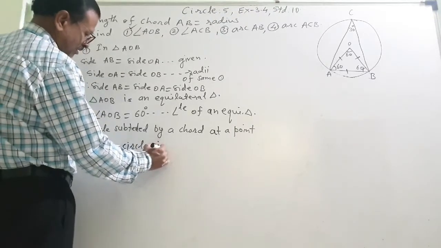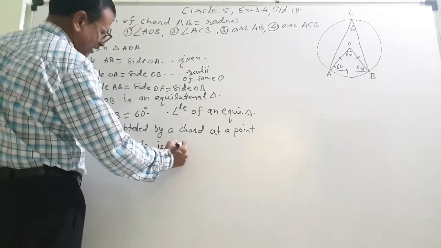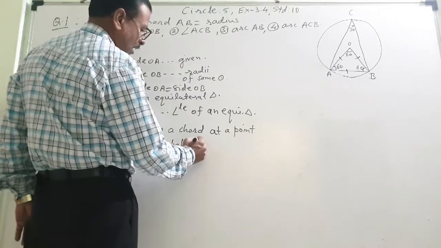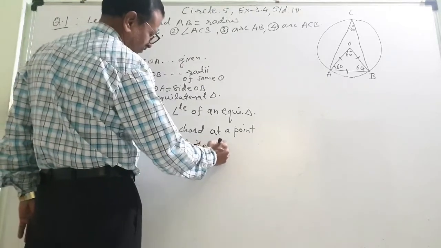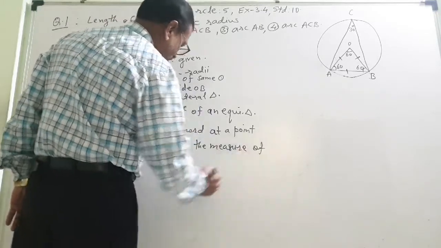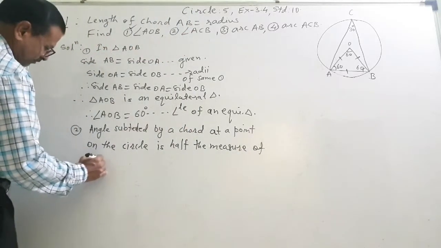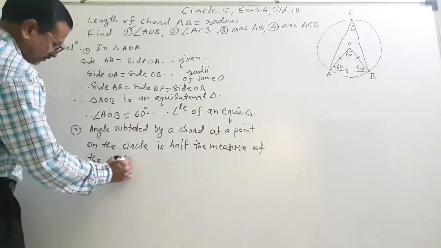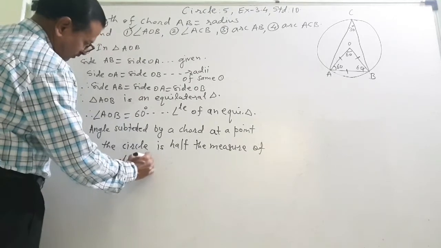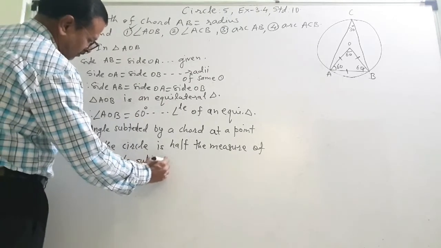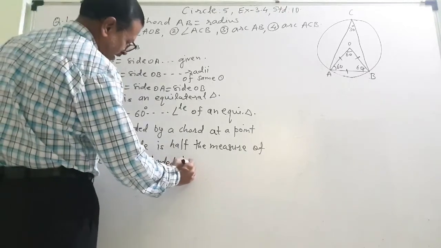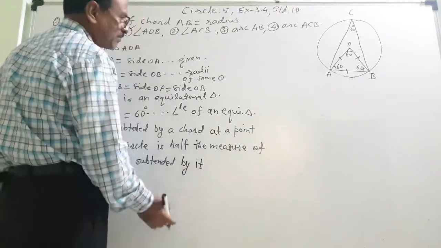Is half the measure of the angle subtended by it. Subtended means made. Subtended by it. By it means by the chord.